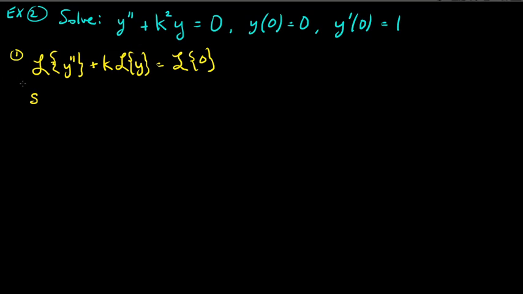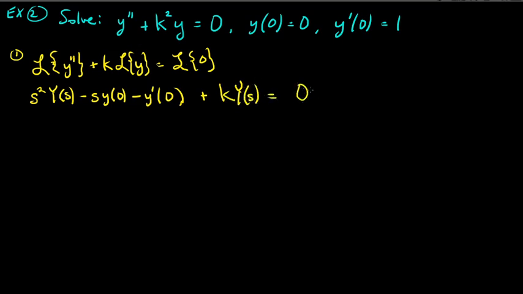It's s squared times capital Y of s minus s times y of 0 minus y prime of 0. And then plus k times the Laplace transform of y, which is just capital Y of s. And the Laplace transform of 0 is, of course, 0.